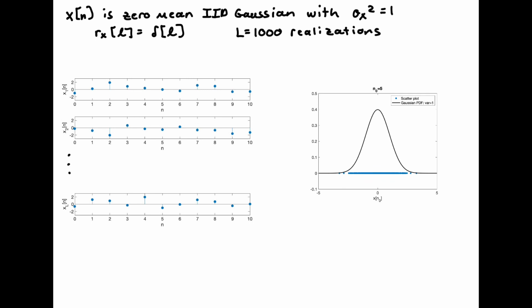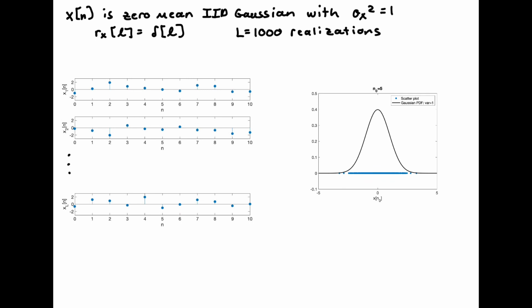And so you see I've generated a series of time points for each of these. I'm just generating over a range of n values. So each of these points in here is an independent draw from a Gaussian random variable.